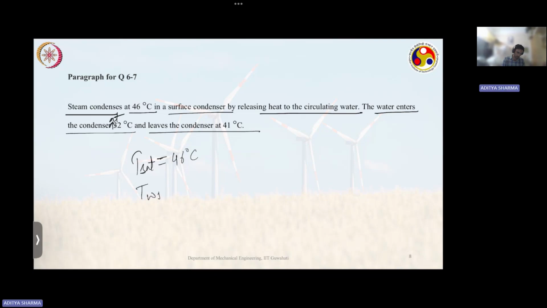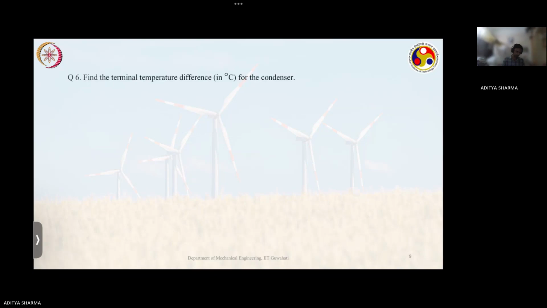For water, the first temperature is 32 degrees Celsius, the second temperature is 41 degrees Celsius. Now you need to find the terminal temperature difference.